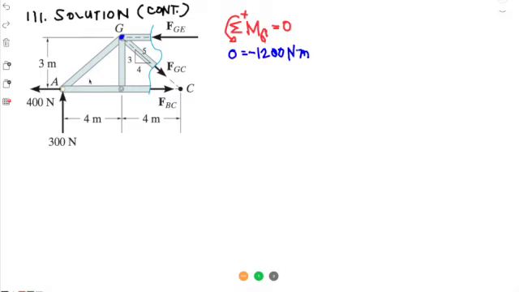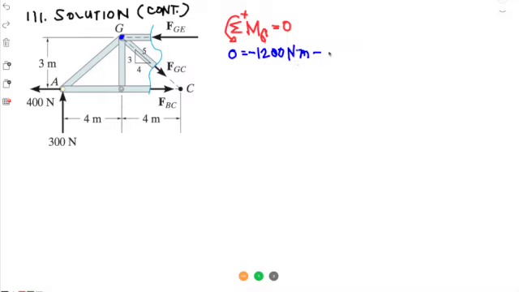So if you hold point G and you pull with 400 newtons, it will turn G clockwise. So it's negative. So what about this 300 newton force here? It will also turn it anticlockwise. So sorry, we wrote the negative values first.